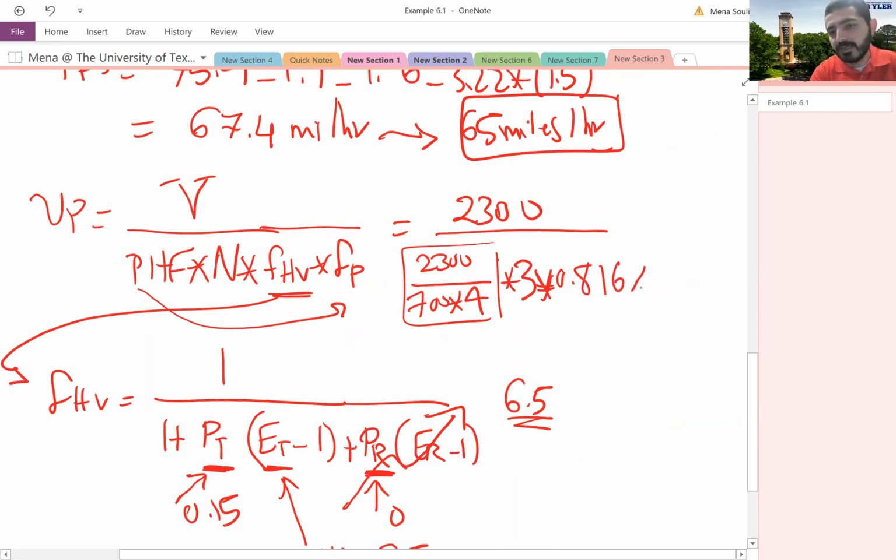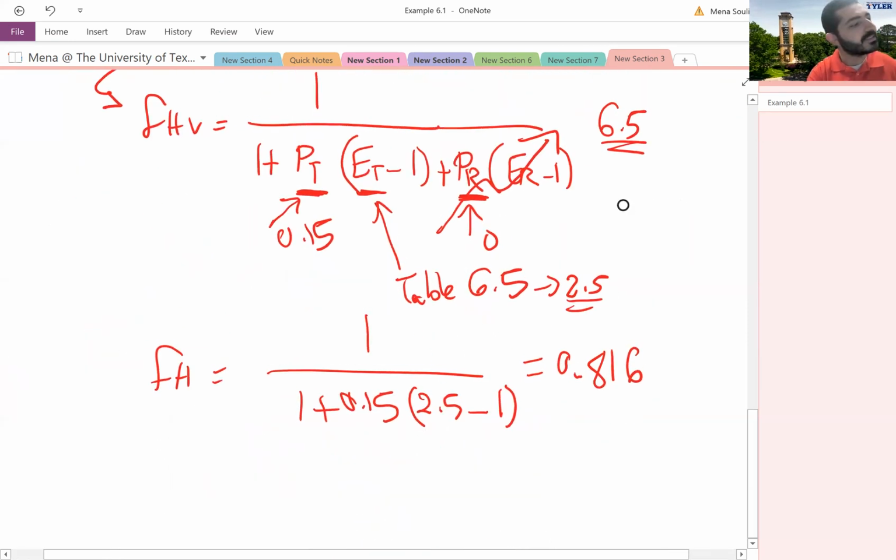0.816 times FP. FP again, this is the population factor, and since we were told that the majority of the people using such freeway are commuters, therefore FP is equal to 1.0.